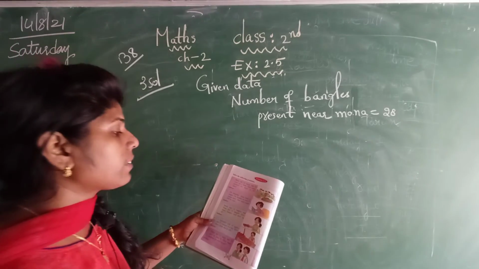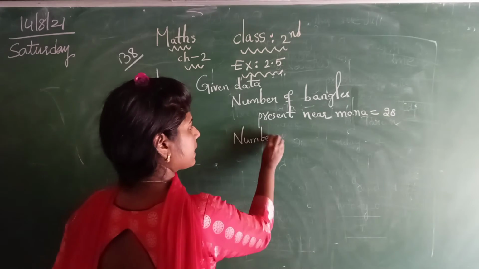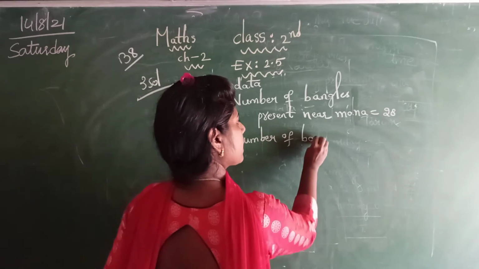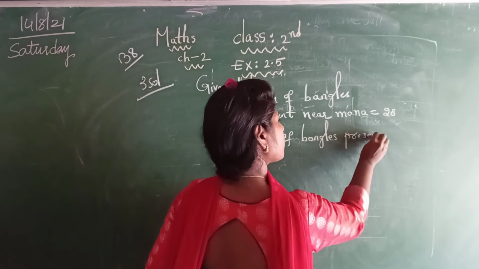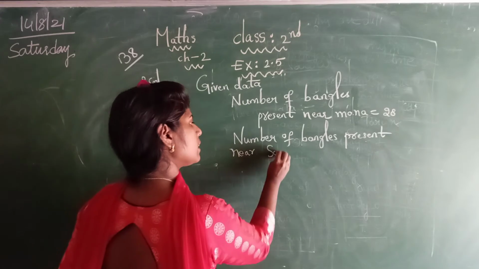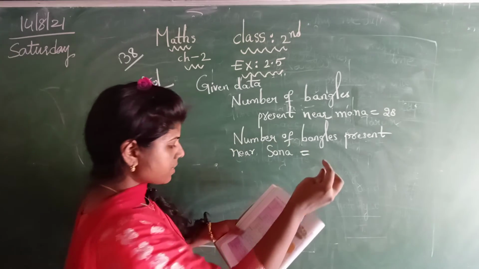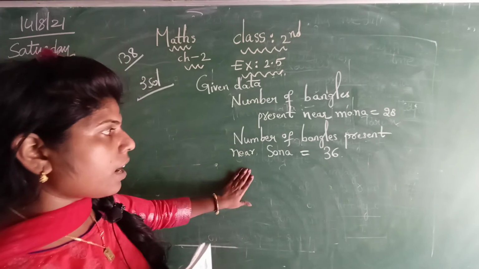Next, Sona had 36 bangles. So given data is number of bangles present near Sona is equal to how much? 36 bangles were present near Sona.